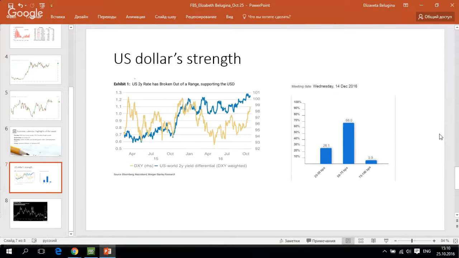So the possibility of the Fed's rate hike is something we will have to analyze every week. We will have to monitor these changes according to CME.